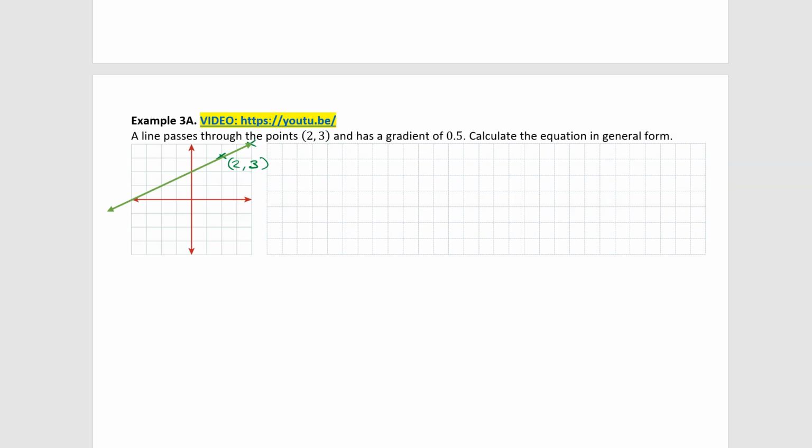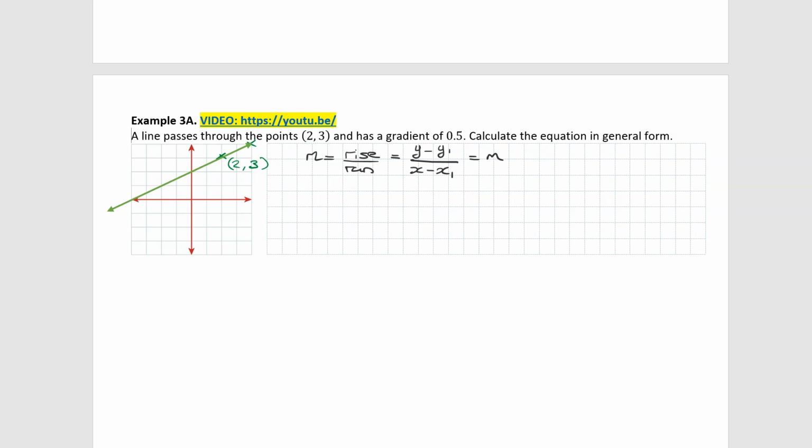The way in which we can do this is we're going to use an adaptation of our rise over run formula. So when we're finding m, we go rise over run. Another way to write that is y take y1, over x take x1, and all of that is equal to the gradient.